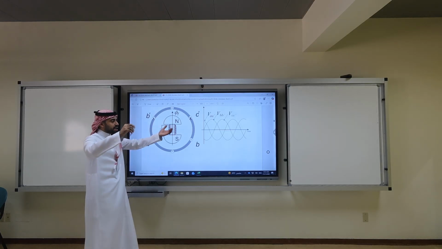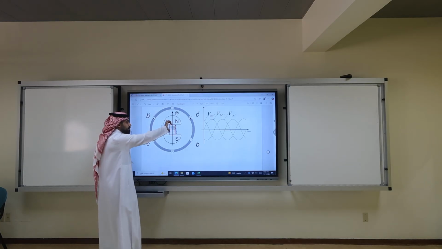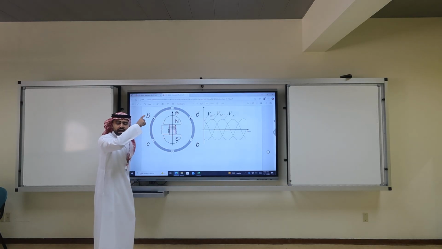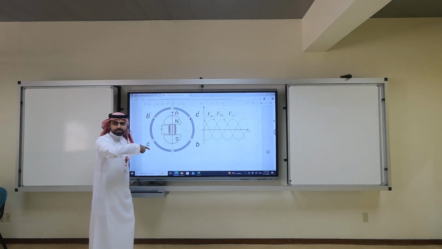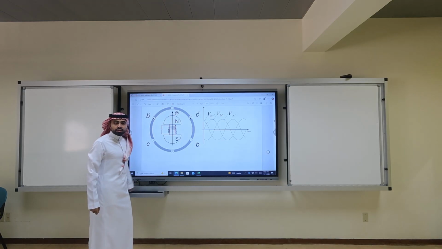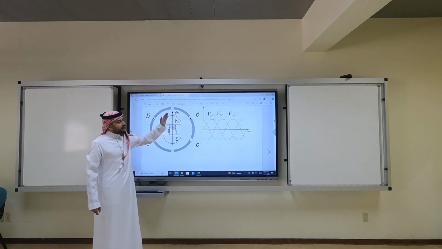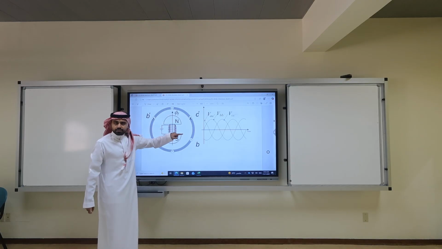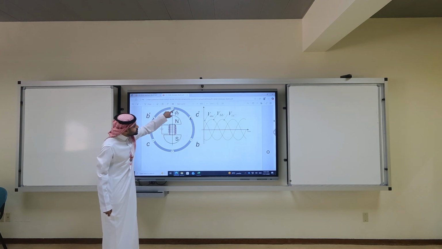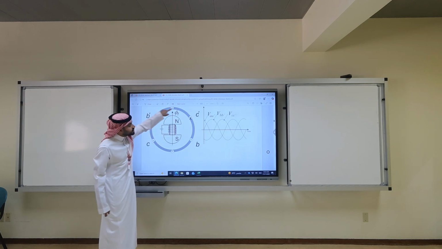We asked the mechanical engineer to spin the rotor at a speed of 120 times 60 over the number of poles. If we spin it at that, what will be the speed of the magnetic flux? It will be the same. So I will have a rotating magnetic field. This rotating magnetic field will induce a three-phase voltage on the stator windings.